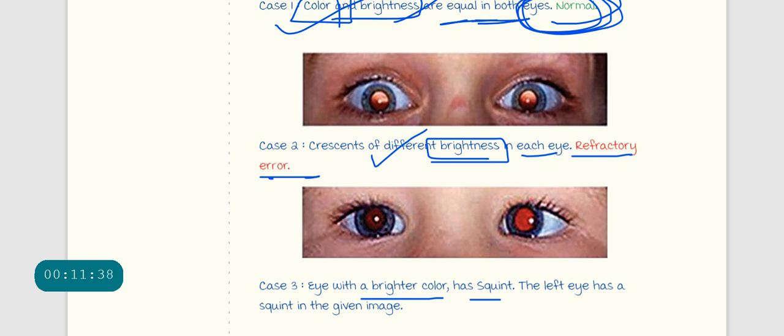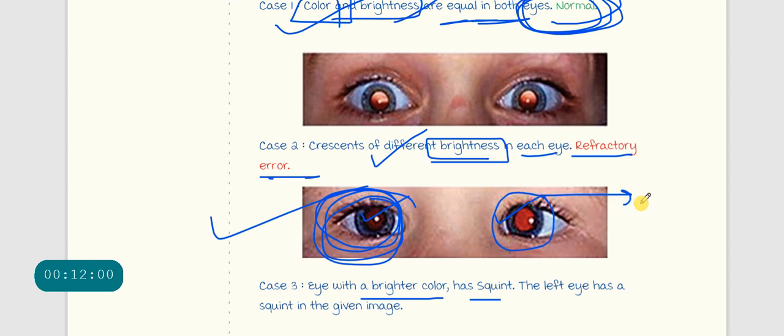Basically this is a squint eye in which one is darker in color and one is a little lighter. Here you can see this eye has a dull red color, and this eye has a brighter red color. So this eye would be suffering from the squint. Okay, this is only in the case of squint.